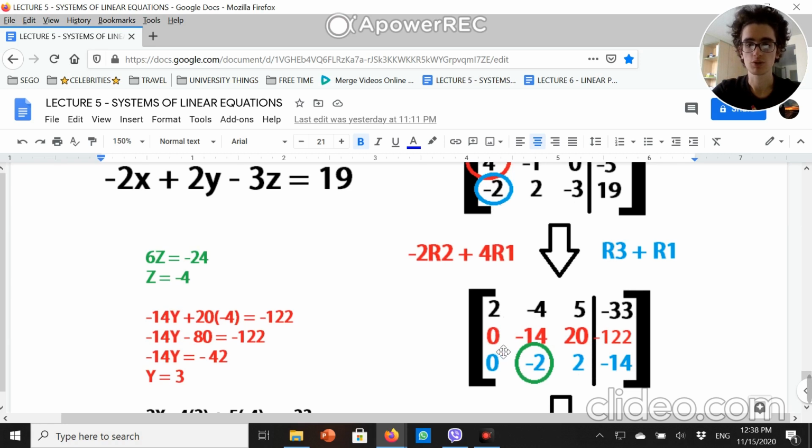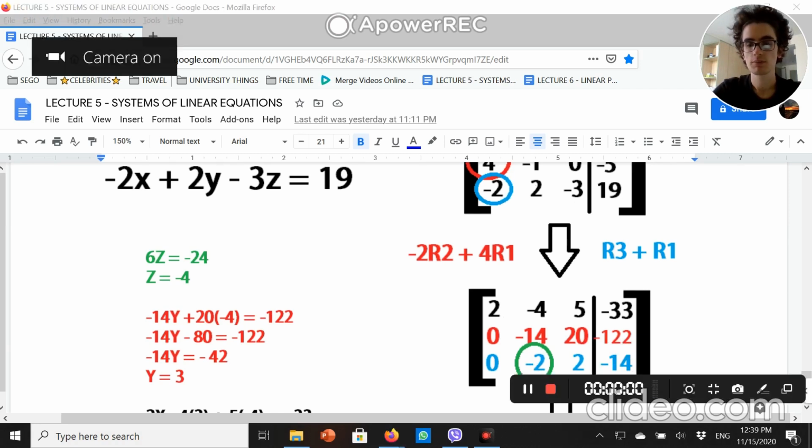So first we solve for this 0, then for this 0, and then for this 0. It will be way easier, I promise you. So once again, we need to do something with row 3 and row 2. Actually, we need to add them in a way that our negative 2 becomes 0.